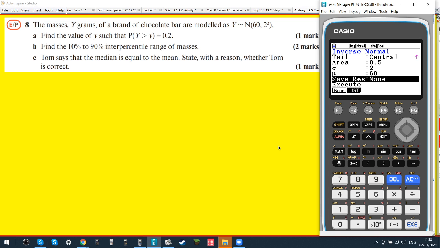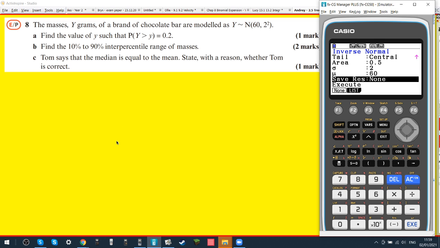So is it just same stuff basically? And so what would you put in? Okay, so I think I'm gonna put in tail left area 0.2. Part B. Oh, sorry. And it'll be tail right 0.2 for part A because it's greater than.